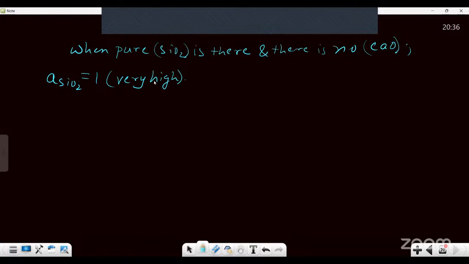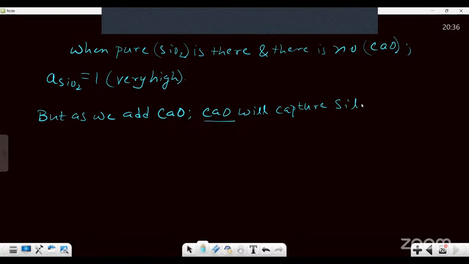But as we add lime, as we add CaO, what happens? In basic steel making process, the calcium oxide will capture silica, that is SiO2, and the activity of SiO2 will decrease in the slag.